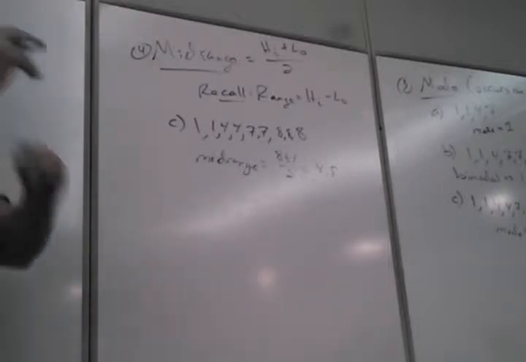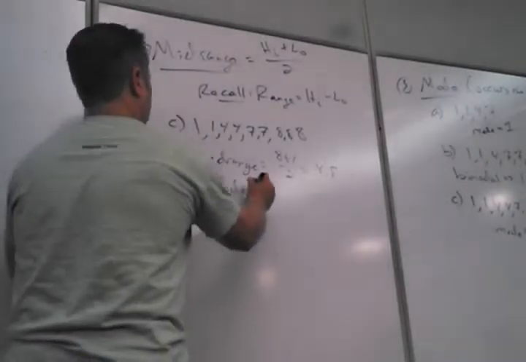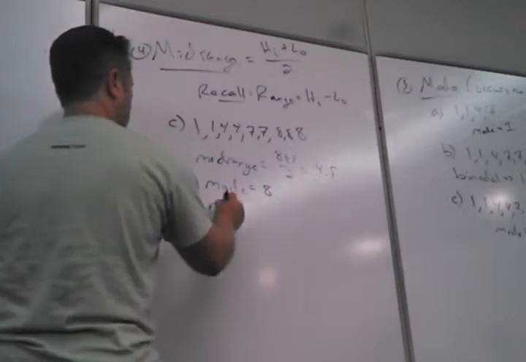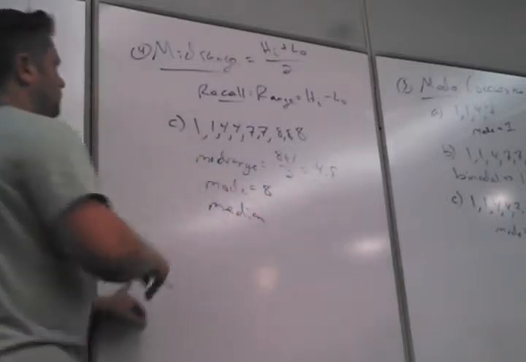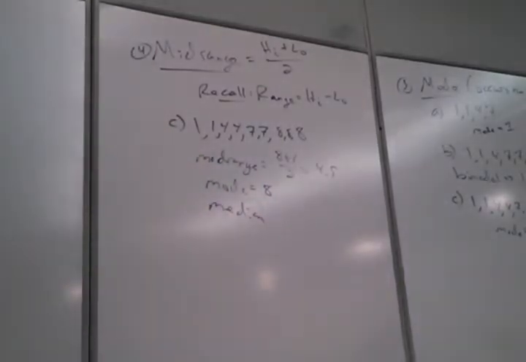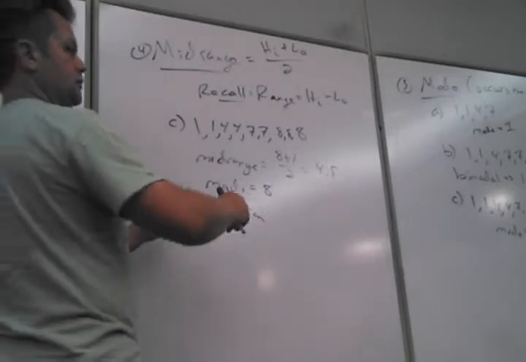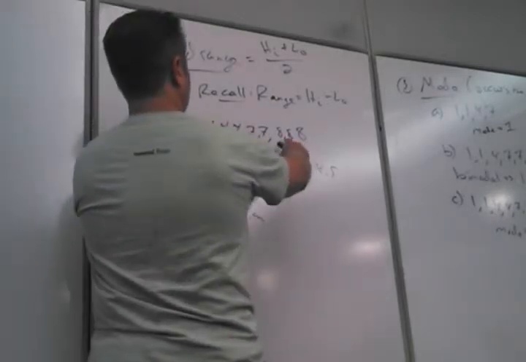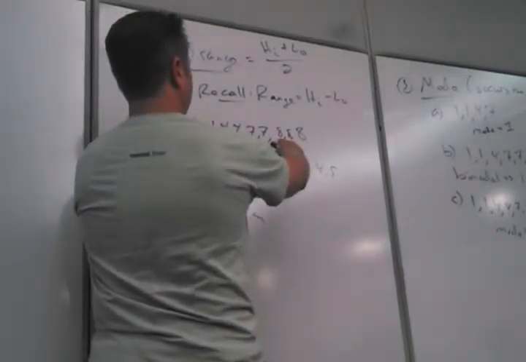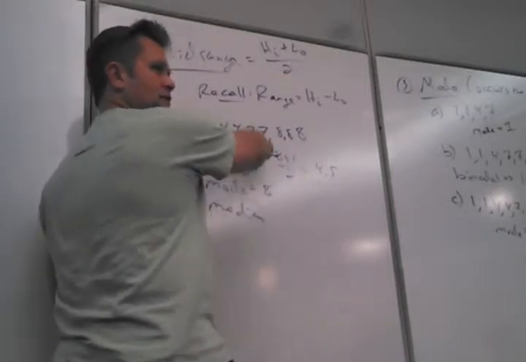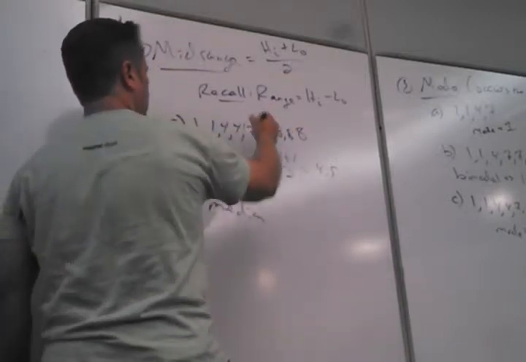Let's calculate all this stuff. So we already know the mode for this was 8. What's the median for this? So how'd you get there? Let me do it this way. Where am I at? There's an odd number of them, so there's definitely going to be a clear middle.